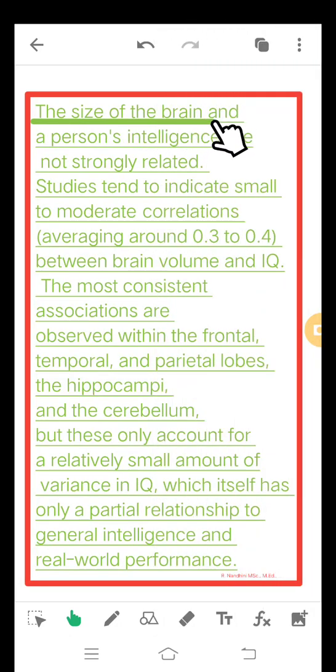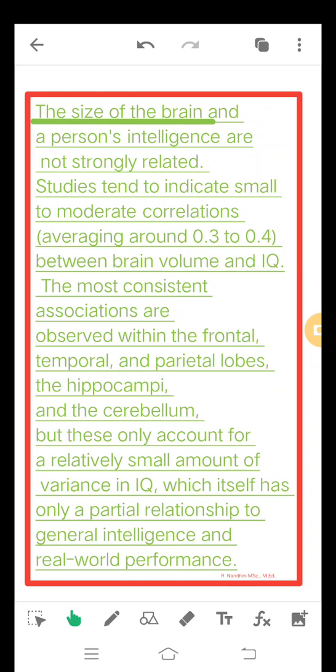The size of the brain and a person's intelligence are not strongly related. Studies tend to indicate small to moderate correlations averaging around 0.3 to 0.4 between brain volume and IQ.